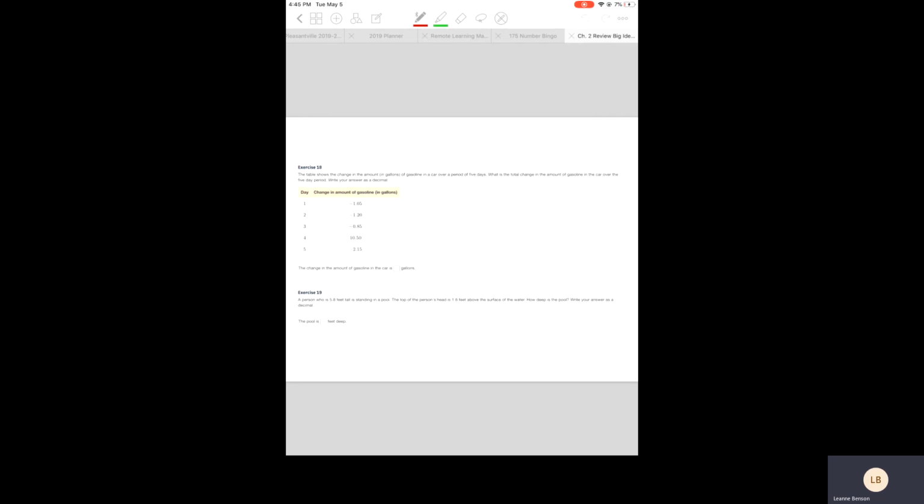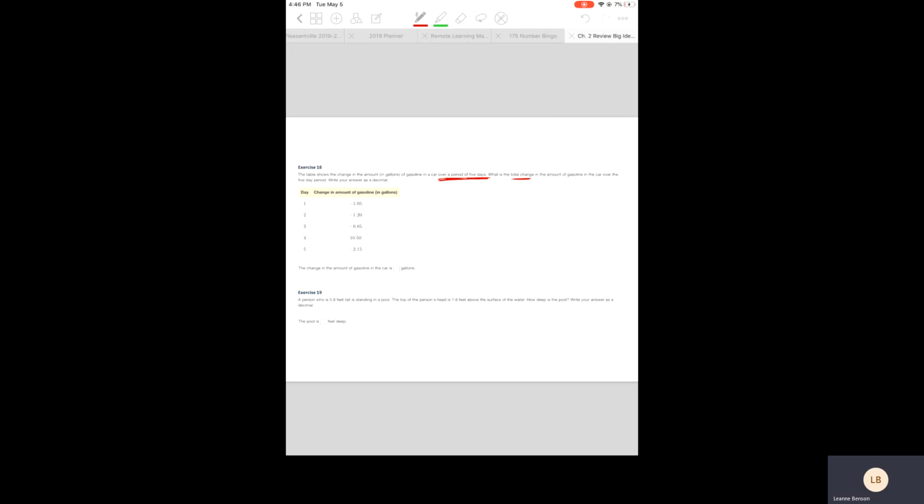Number 18. Another table says the table shows the amount in gallons of gasoline in a car over a period of 4 days. What is the total change in the amount of gasoline in the car over the 5-day period? Okay, so if it says over a period of 5 days, I'm just looking for the total change.